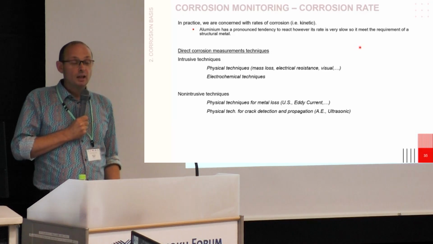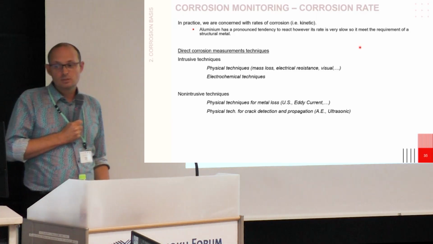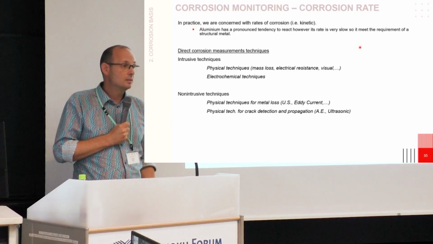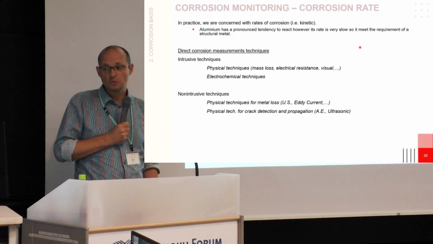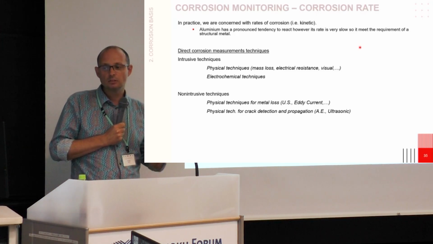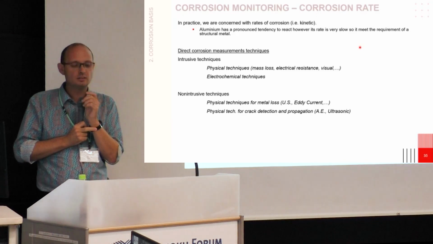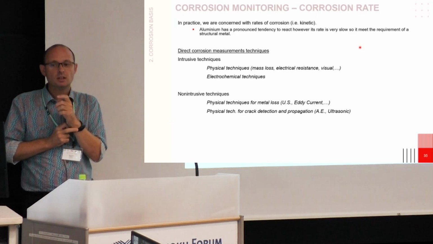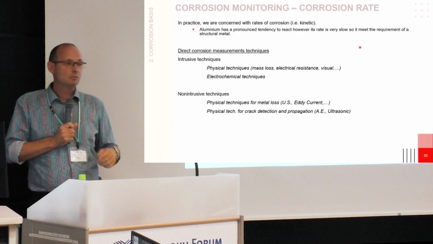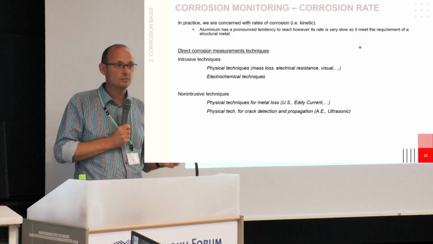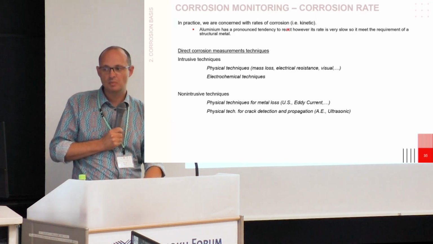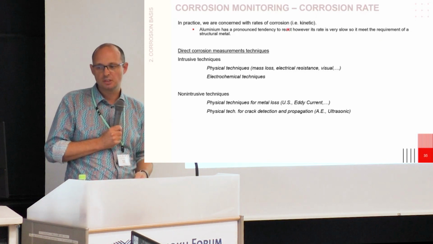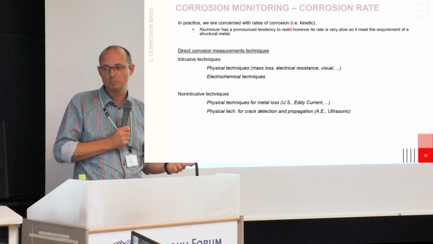So we need experimental techniques to assess the corrosion rate. There are, let's say, two kinds: direct and indirect methods. The first are the direct methods. Some of them are intrusive techniques. We are doing physical techniques: mass measurement, electrical resistance, visual observation.